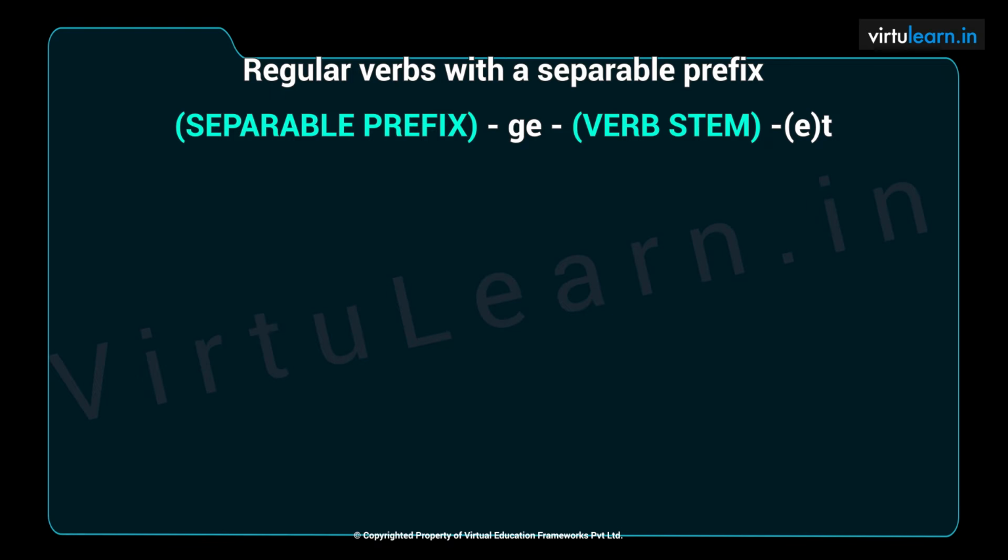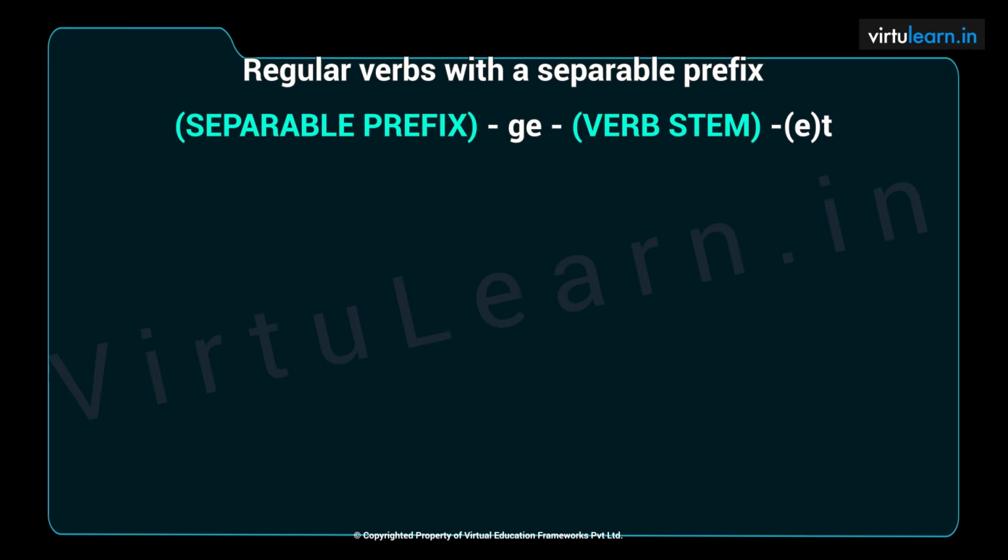Then the GE after the prefix followed by the verb stem and the ending. So together it becomes eingekauft. So the rule here is separable verb prefix, then GE prefix followed by the verb stem and the T ending.